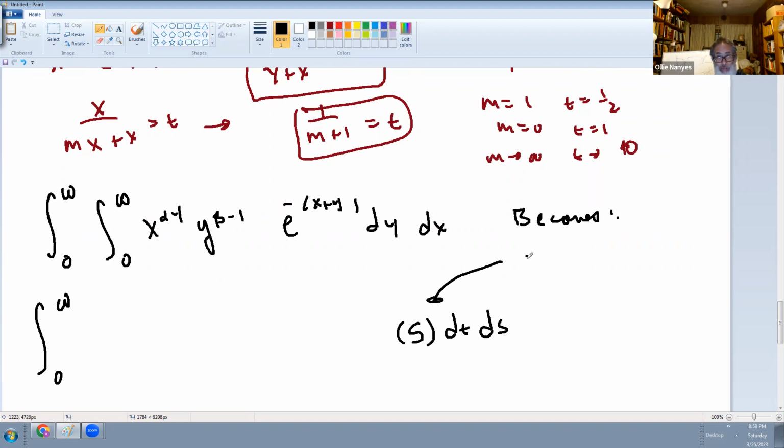This is where this comes from. Now we have an e to the minus s. Remember, x plus y is s. That's good, right? Now our t limits are t equals 0 to t equals 1. x is s to the alpha minus 1, t to the alpha minus 1.